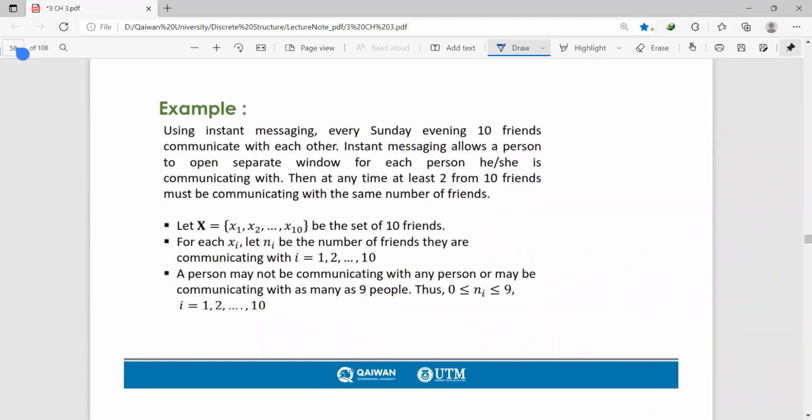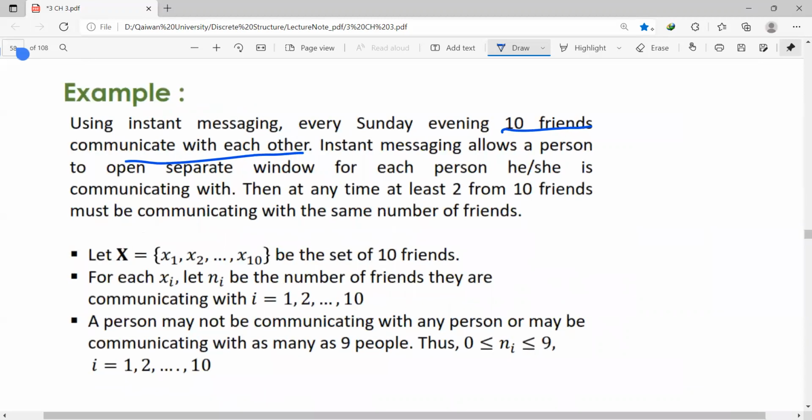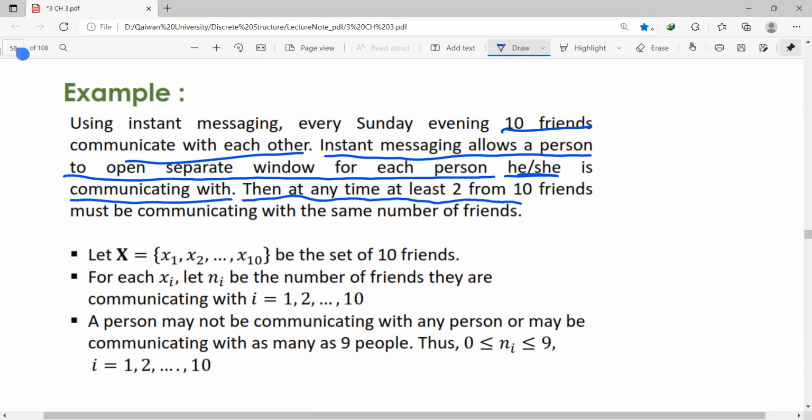We now have another example. It says, using instant messaging, every Sunday evening, 10 friends communicate with each other. Instant messaging allows a person to open a separate window to each person he or she is communicating with. Then, at any time, at least 2 of the 10 friends must be communicating with the same number of friends.